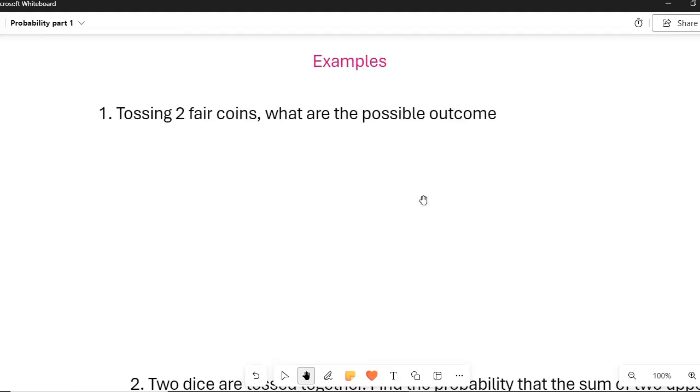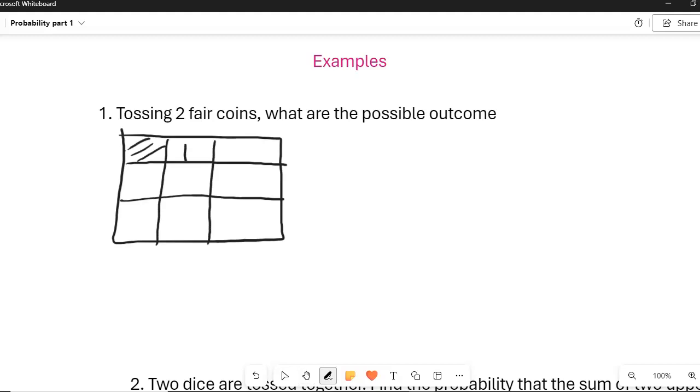Example 1: when tossing two fair coins, what are the possible outcomes? In this case, we have two coins, and of course a coin has a head and a tail. For us to get the possible outcomes, we can draw a table.